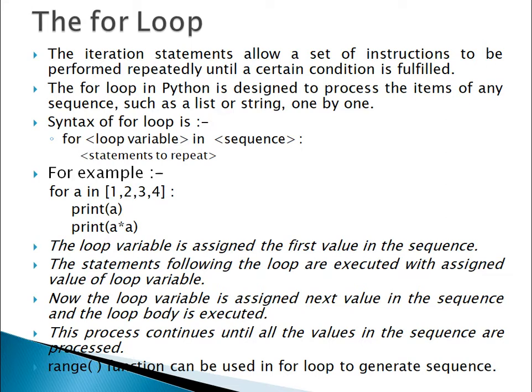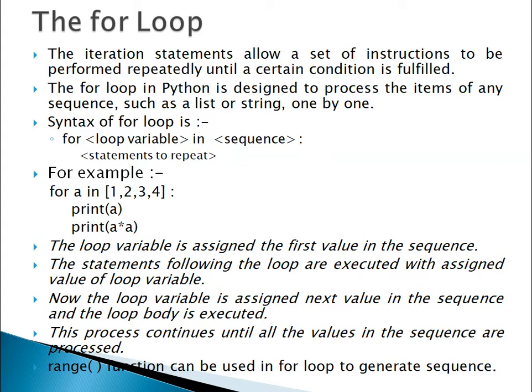So the for loop in Python is designed to process the items of any sequence. What are the sequences? Like string or list, one by one. Okay, so let us see the syntax of for loop. In for loop you will write for, then you will have a loop variable. Then you will have the in operator that you have studied in the video lesson on operators.